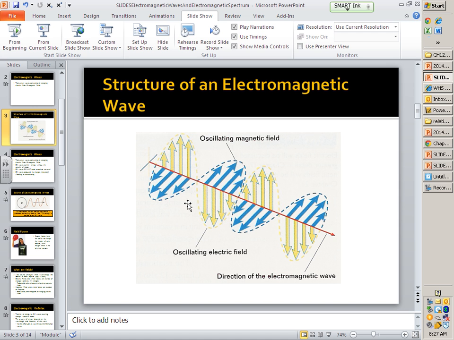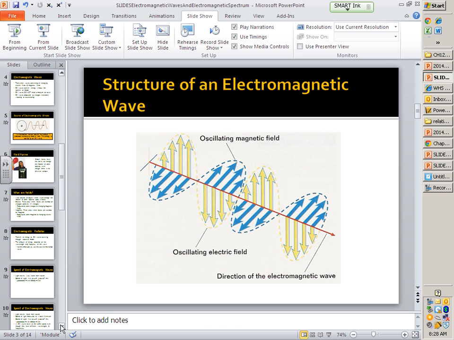And that's how these waves can travel through nothing. They basically travel through each other. One produces the other, and the other produces the first. They're intertwined, and that's how they can travel through nothing, because they have each other. Is that a good 10-cent version of what an electromagnetic wave is? Okay with that? All right.